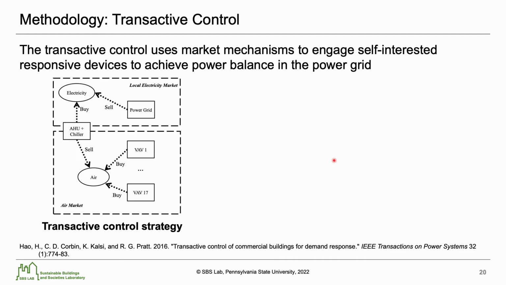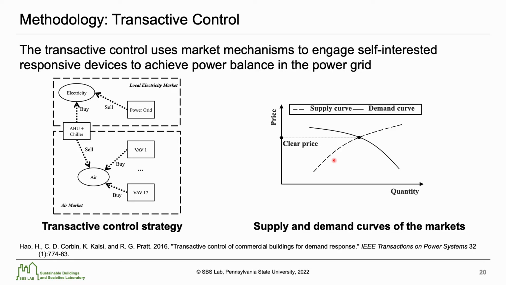In each market, the agents are self-interested. For example, they tend to maximize the revenue from selling a certain amount of resource at a high price, or minimize the cost by buying resources at a low price. As shown in the right figure here, each buyer agent expresses the amount of resource it is willing to purchase under the different price levels with a curve.